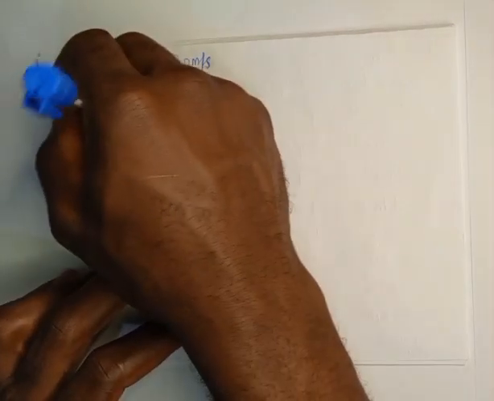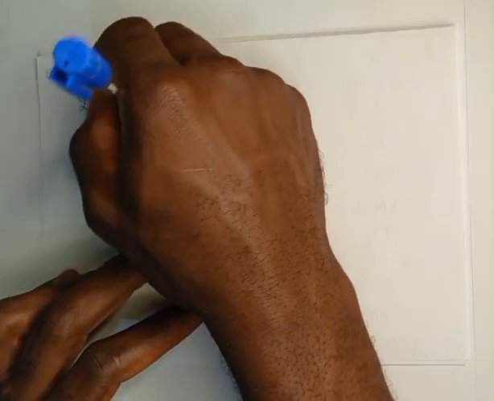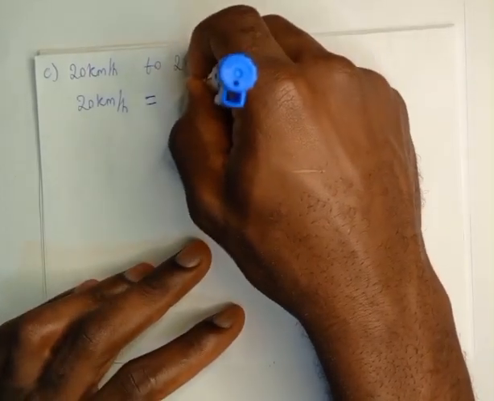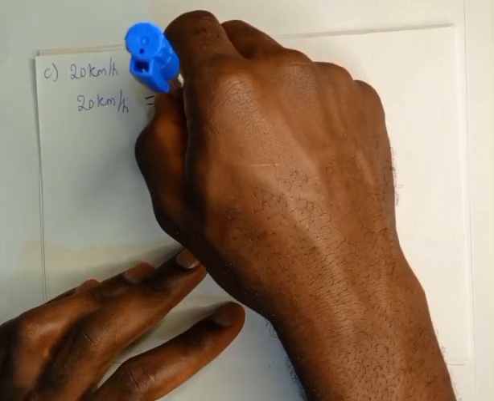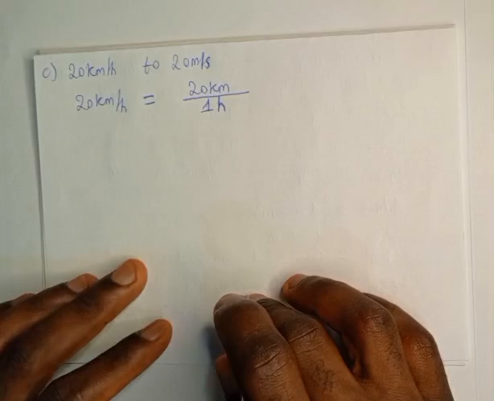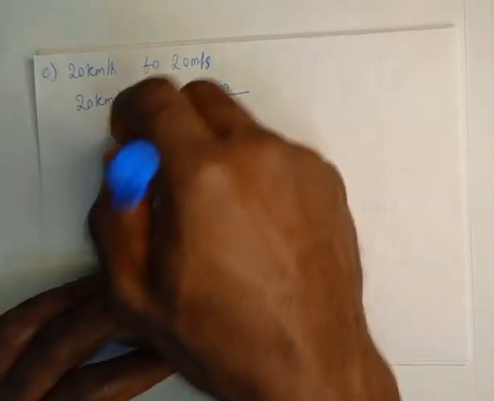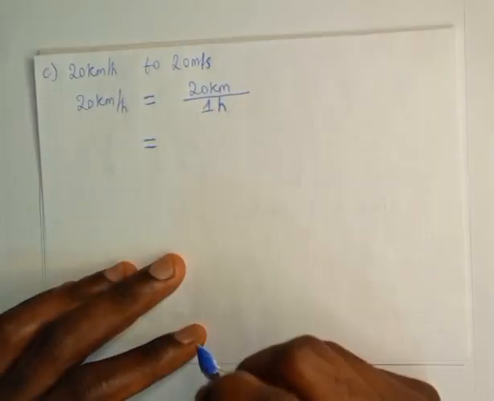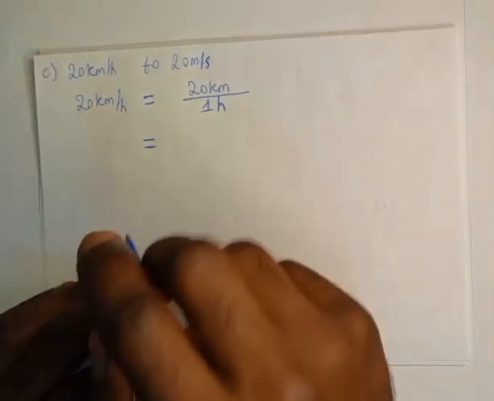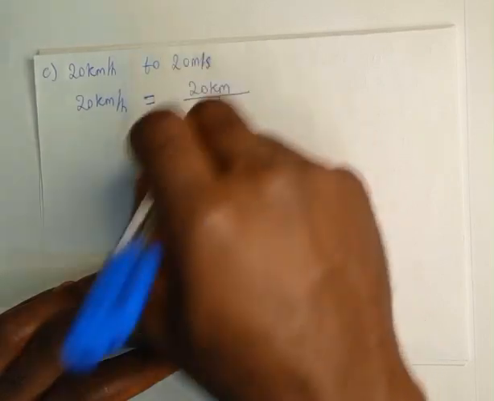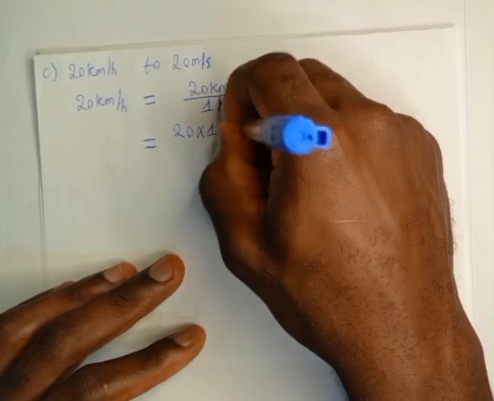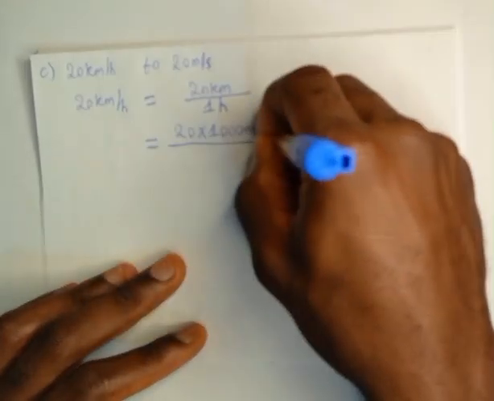If we take the speed 20 kilometers per hour, it is simply the same as 20 kilometers all over 1 hour. That's what it simply means. We know 1 kilometer is equal to 1000 meters. 20 kilometers will be equal to 20 times 1000 meters all over.